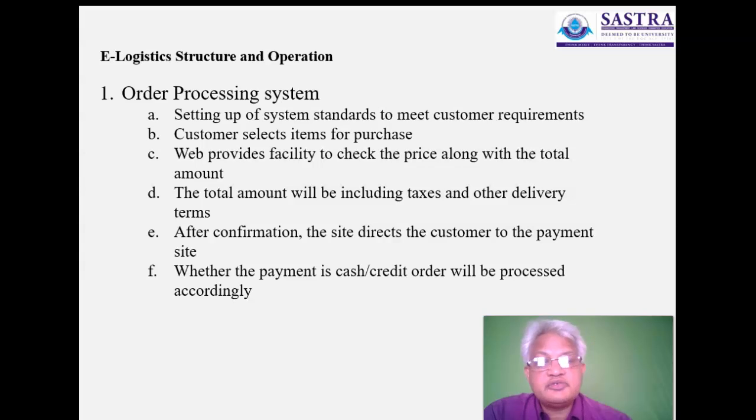In this payment module, there is an option for either making a cash payment or a credit payment, which we will discuss very shortly. And once he executes this stage, the order will be processed accordingly. And that is basically all that encompasses the order processing system.